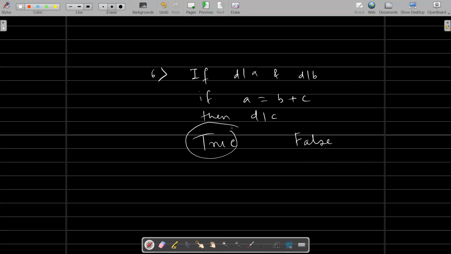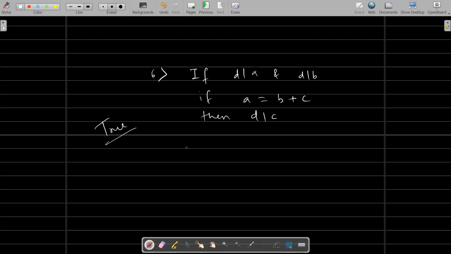So let me go with this answer because those who have said false, they haven't produced any counter example. So the answer is basically true for this.